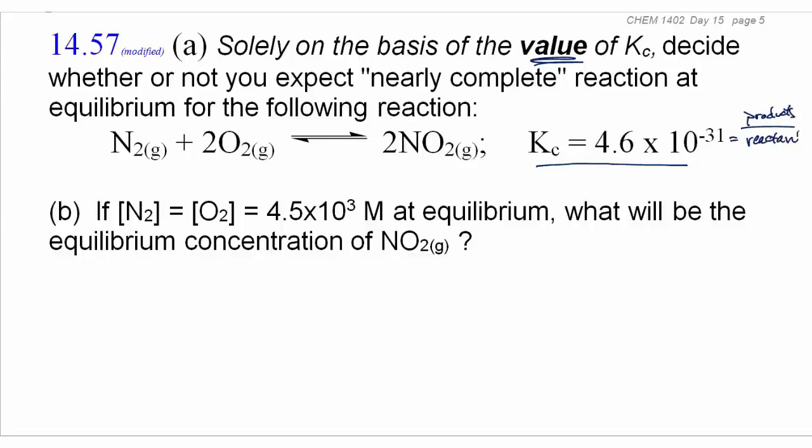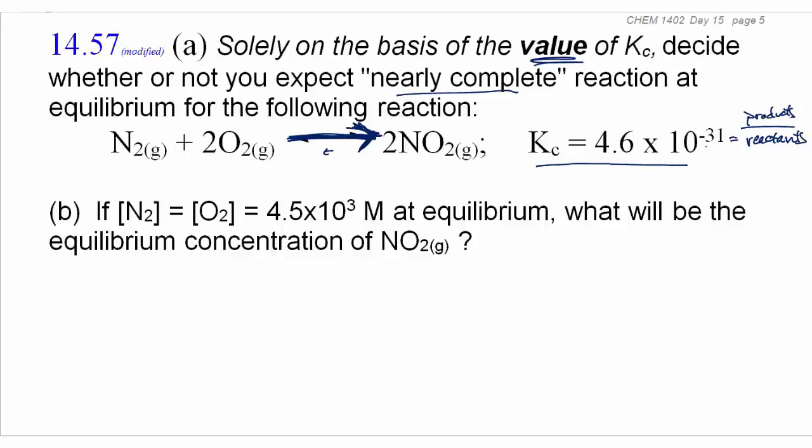And if they say nearly complete, that means it's completely going in this direction, your equilibrium constant expression. There's hardly any backwards reaction at all. This is going to be a huge reaction. There's hardly any reactant left. So that would be nearly complete reaction, means huge, huge equilibrium constants.